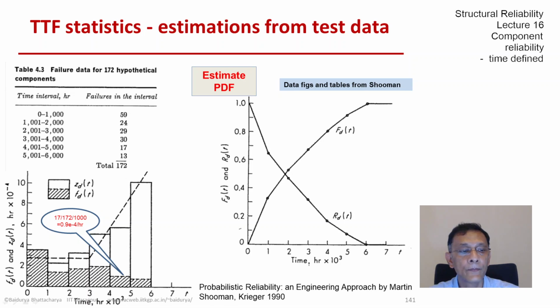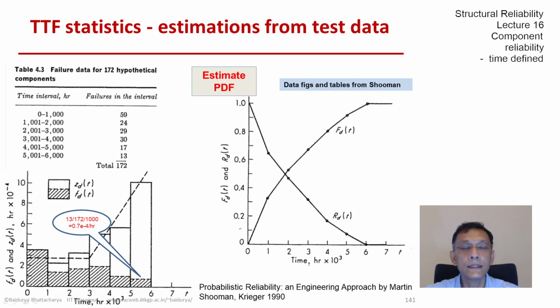Note, in each case the denominator is constant because the first number in the denominator is the n0, so that obviously doesn't change. The second number in the denominator, 1000, that is the length of the time interval. So these are equal intervals, so that number turns out to remain constant in this example. And the last is 13 failures occurred between 5 and 6000 hours, so that gives me 0.7 times 10 to the minus 4 per hour.